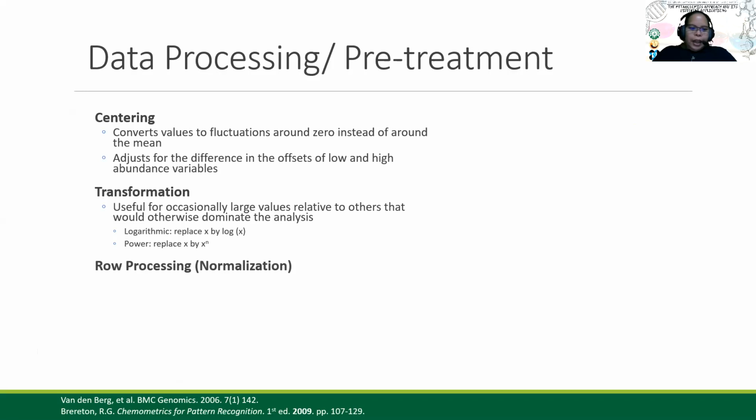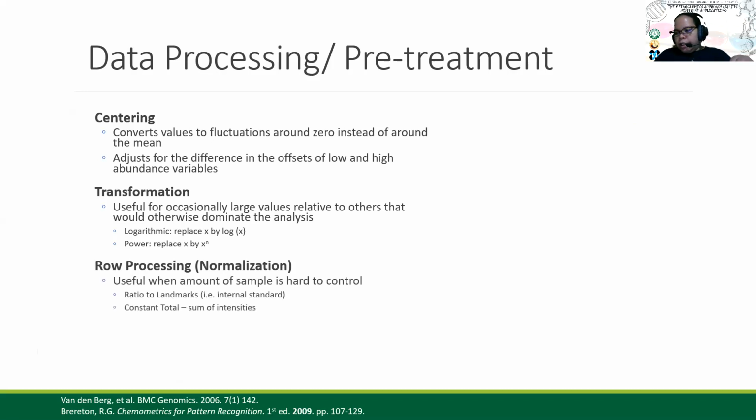And you would also have row processing. So row processing naman across all, so you have different samples. Their absolute intensities will be different, but you can transform them, you can normalize them in order to make sure that their relative concentrations will be similar.